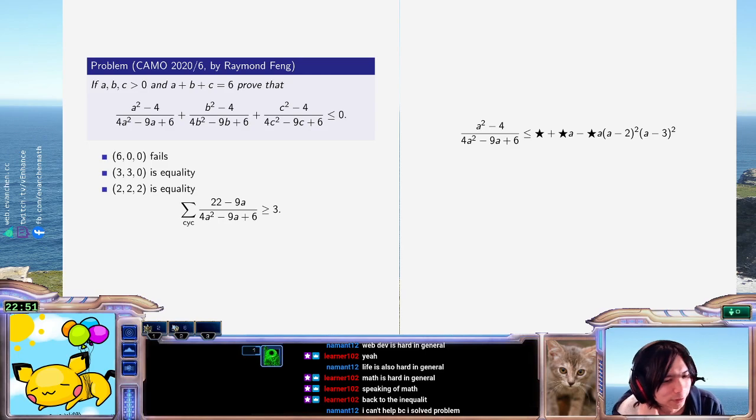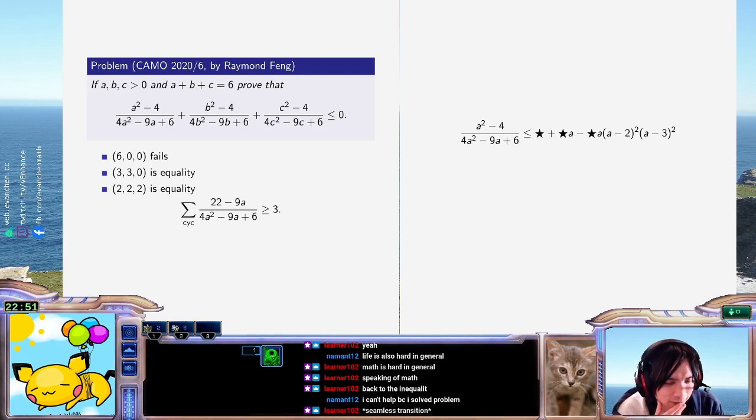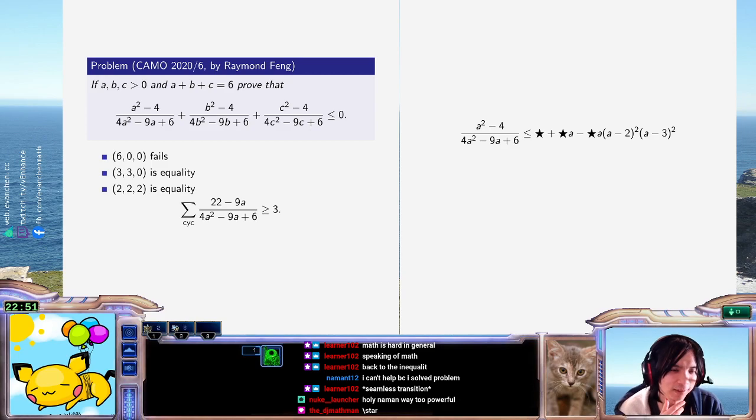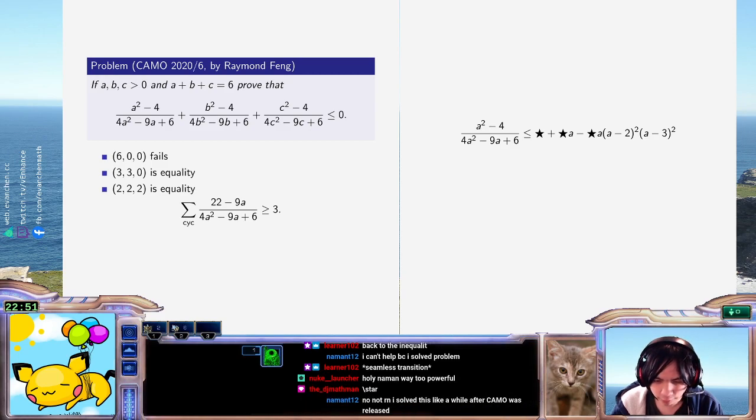This is so desperate. Do I think this could possibly work? I don't know. Wait, right? A equals 2 says that if I want this to work, this constant has to be minus 2/3.